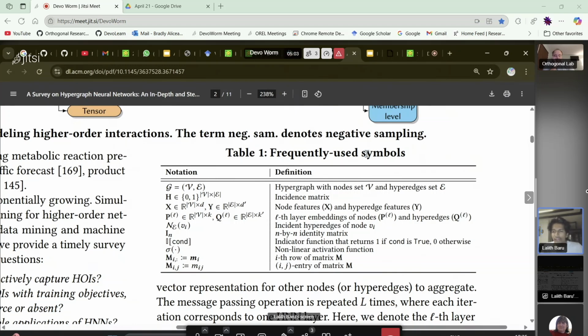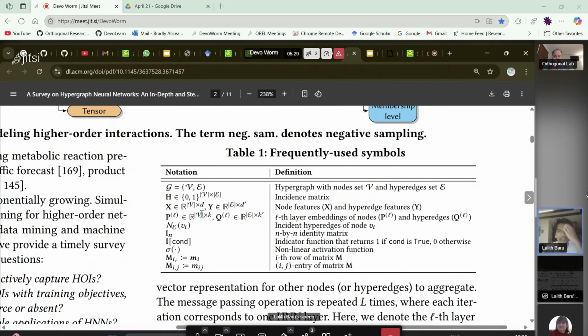When we design a graph neural network, we believe it has L number of layers. So we call it the Lth layer, which is denoted like this. And the hyperedges are denoted by Q.